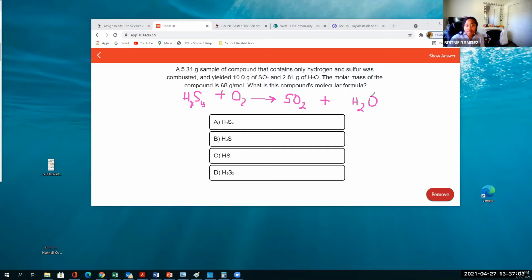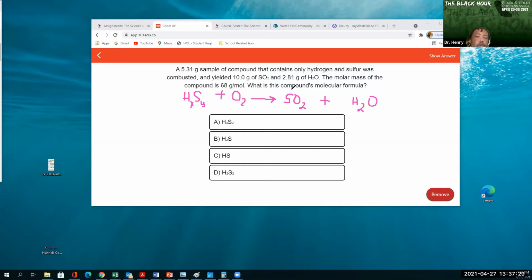So all of the hydrogen in this compound is going over to water, and all of the sulfur from this compound is going to the sulfur dioxide. So we can use this as a reference for what we're working with.